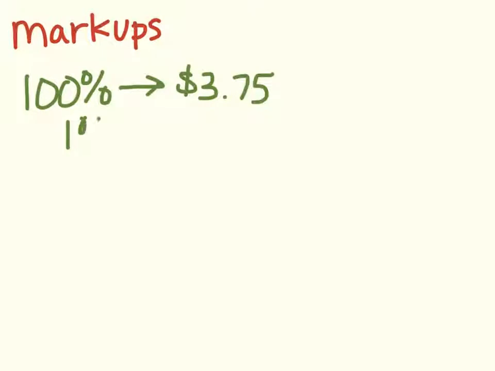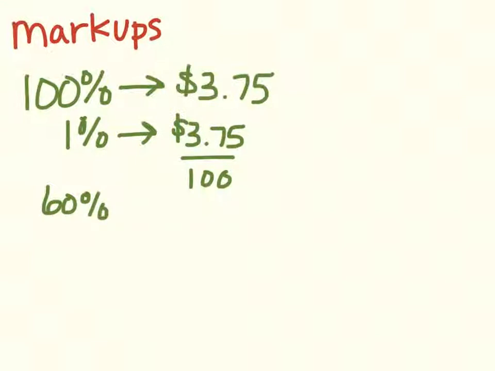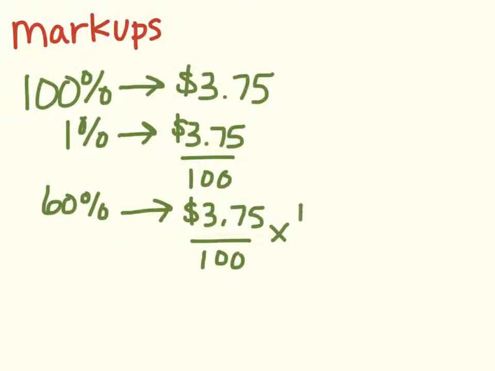To find the value of 1%, we would take $3.75 divided by 100, and then we would take 60%, and to calculate 60%, we would multiply the value of 1%, which is 3.75 divided by 100, times 60, to once again get a final answer of $2.25.